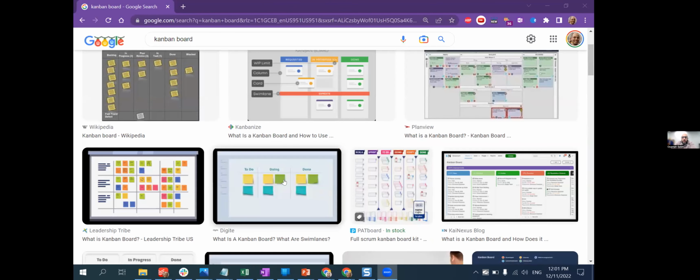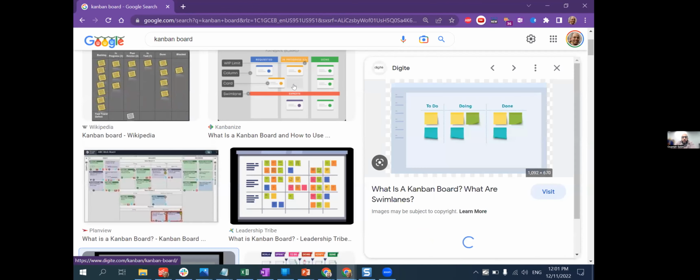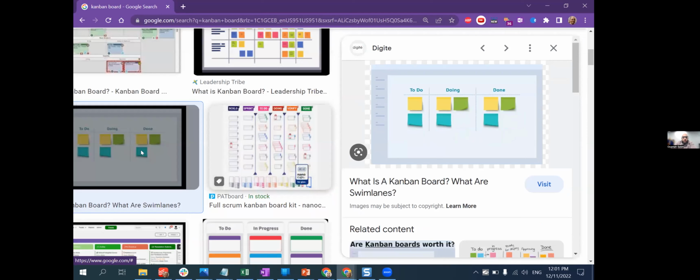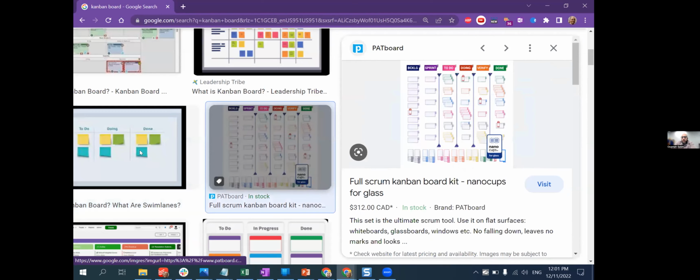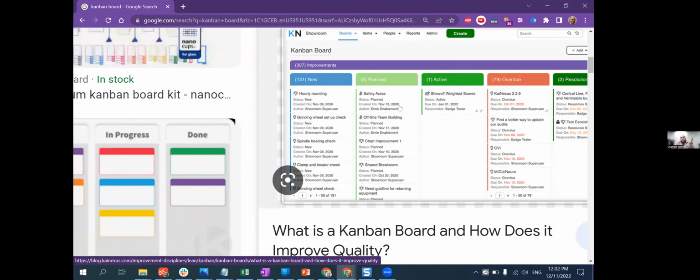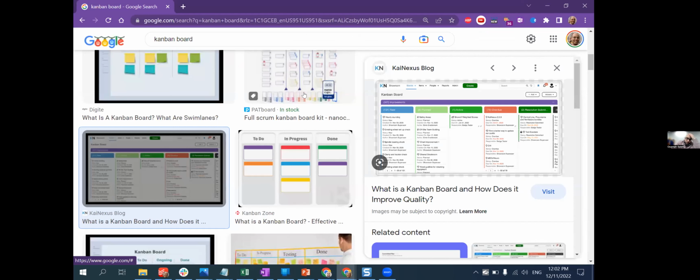This is the most basic one: to do, doing, done. And of course, different teams start to customize it based on what they need. So they may have analysis, planning, overdue, verify, et cetera. So that's Kanban. So yes, Kanban is actually quite powerful.